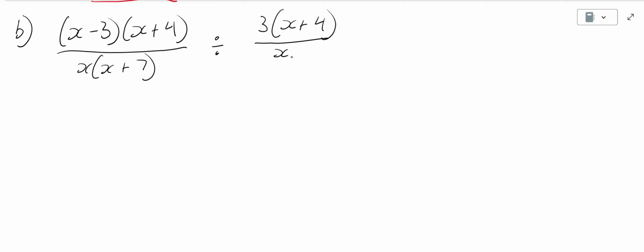Now, you should all remember that dividing by a fraction is the same as multiplying one fraction by the reciprocal of the second fraction. So reciprocal, remember, earlier in maybe yesterday's lesson, the reciprocal of a over b is b over a. So we're going to flip this fraction here.